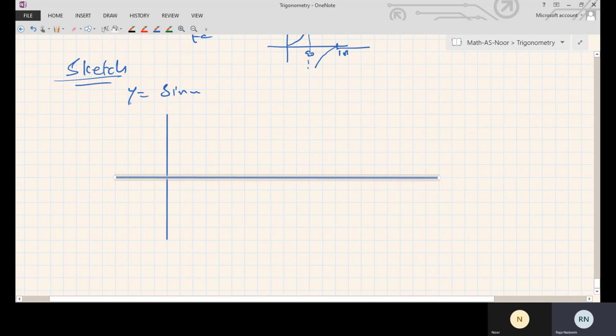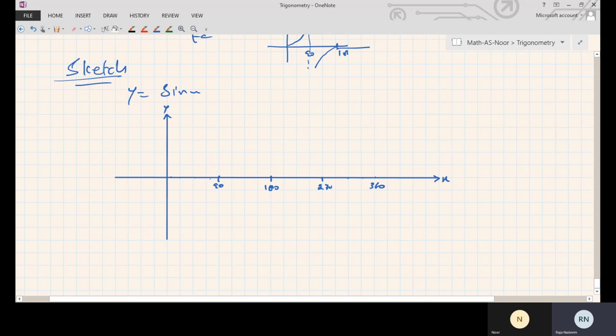I'll take only a few basic angles, with differences of 90: 90 degrees, 180, 270, 360. Yes, only these angles I'll show.